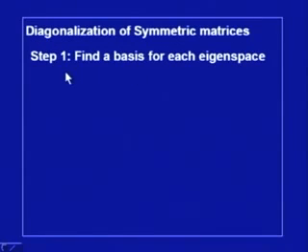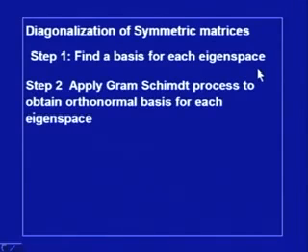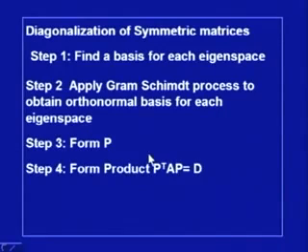So, step 1 is find a basis for each eigenspace, apply the Gram-Schmidt process to obtain an orthonormal basis for each eigenspace, and from that we can form the matrix P, and finally we form the product P transpose AP, and this will be nothing but the diagonal matrix D consisting of eigenvalues on the diagonal.